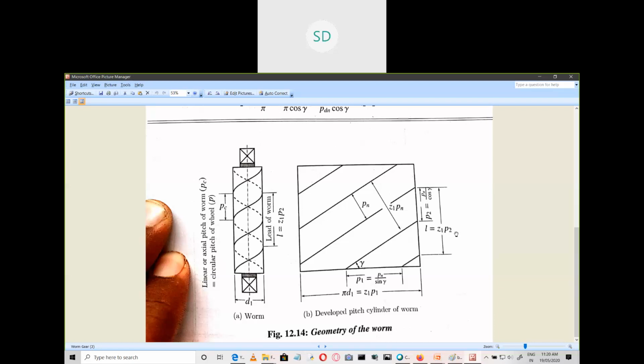Again you are going to get two types of pitch here. One is a transverse pitch, another one is a normal pitch. Pn is the normal pitch, and P2 is the axial pitch.